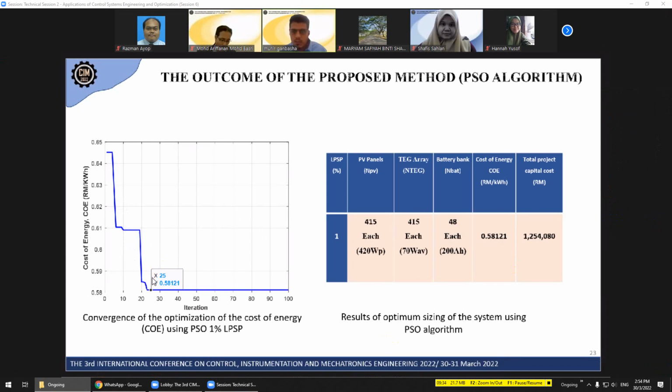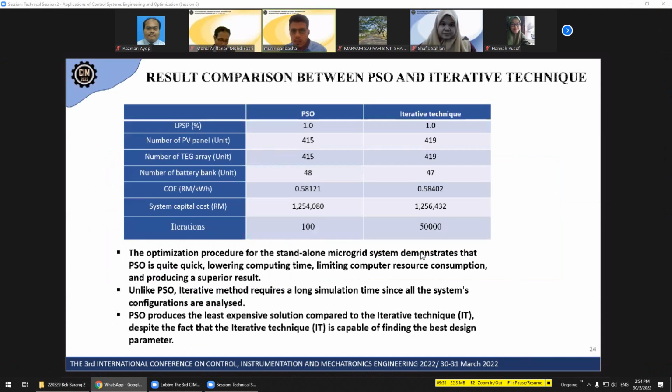After that, it keeps searching and repeating until it reaches the best design, as we see at iteration number 25. The most optimal sizing of the system, as shown in this table, costs around 0.5812.